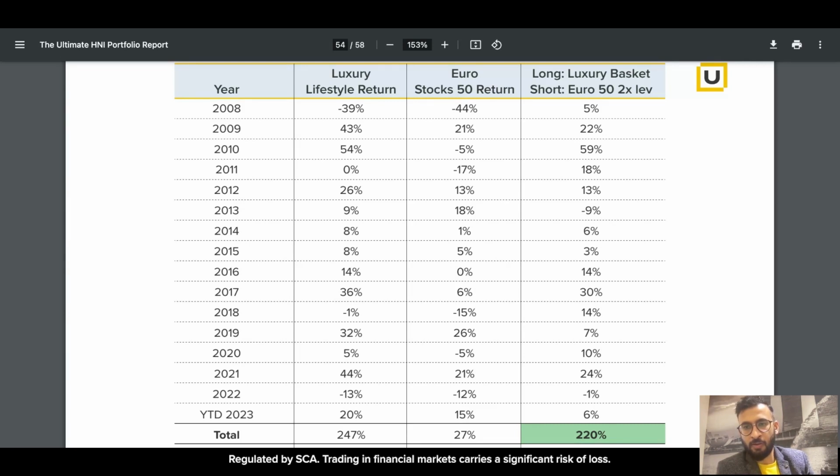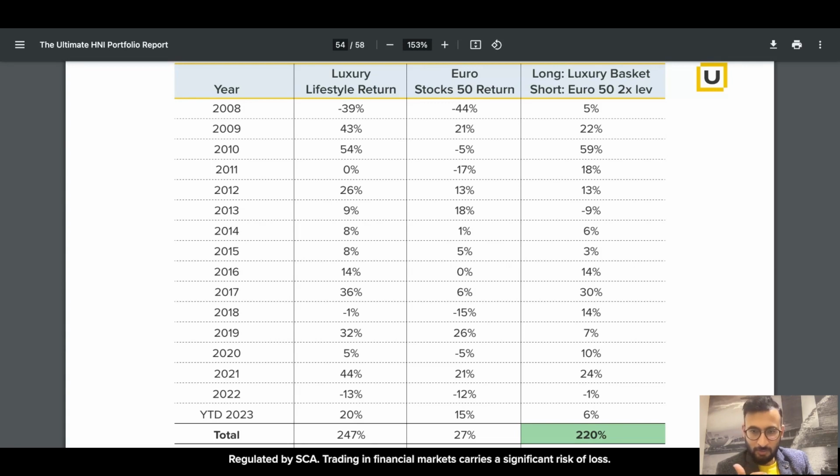One question: what do you mean by outperform? As I said, outperform means that if luxury lifestyle earned a return of minus 5% and Euro stocks went down by minus 10%, then luxury lifestyle outperformed.